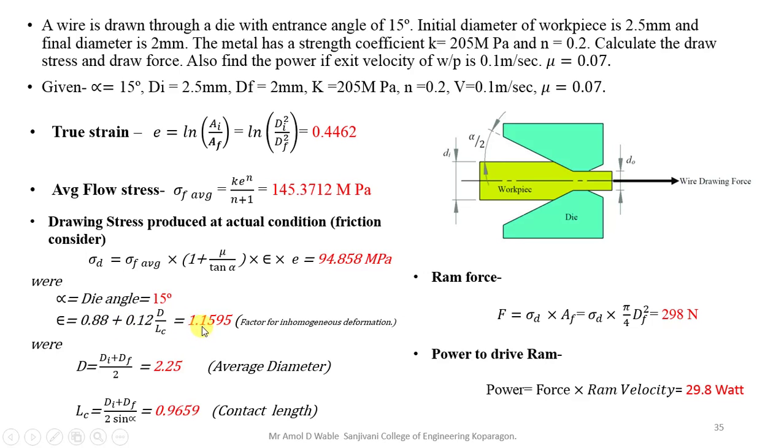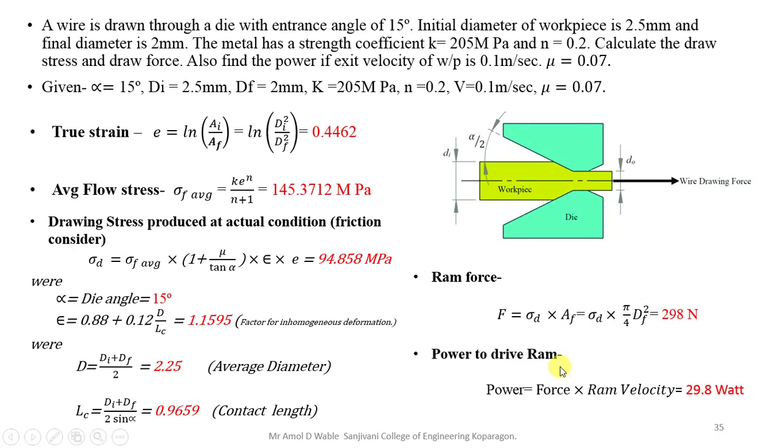Find the value of epsilon, put all these terms in the drawing stress, and you will get the value 94.858 megapascal. Then the draw force is drawing stress into the final area, as it acts on the final area. So the final area, again drawing stress into pi by 4 df square, becomes 298 Newton.